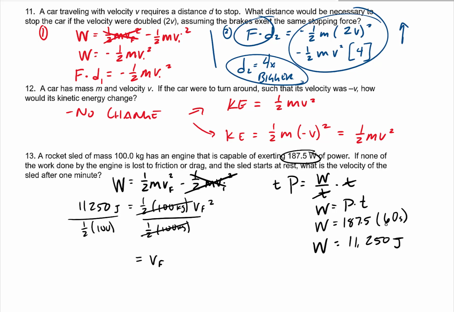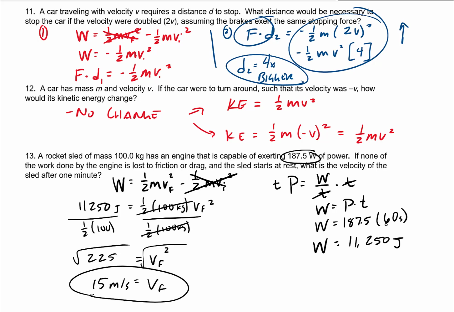So V final squared ends up being 225. So if we square root both sides, V final ends up being 15 meters per second after a minute, which isn't a ton.